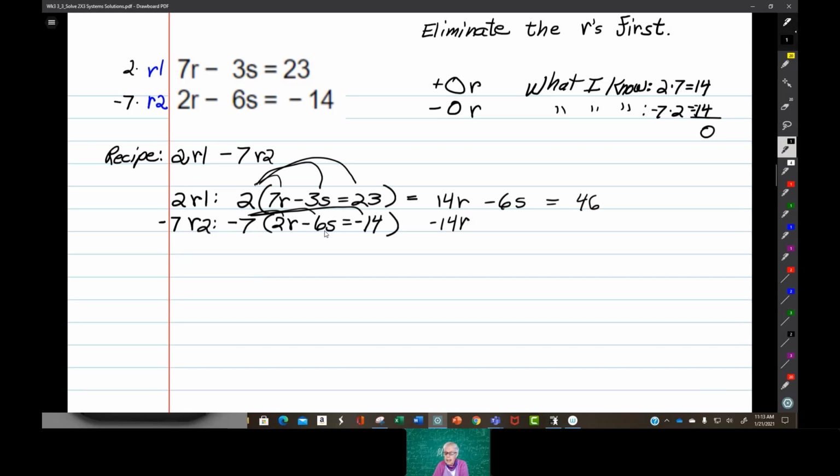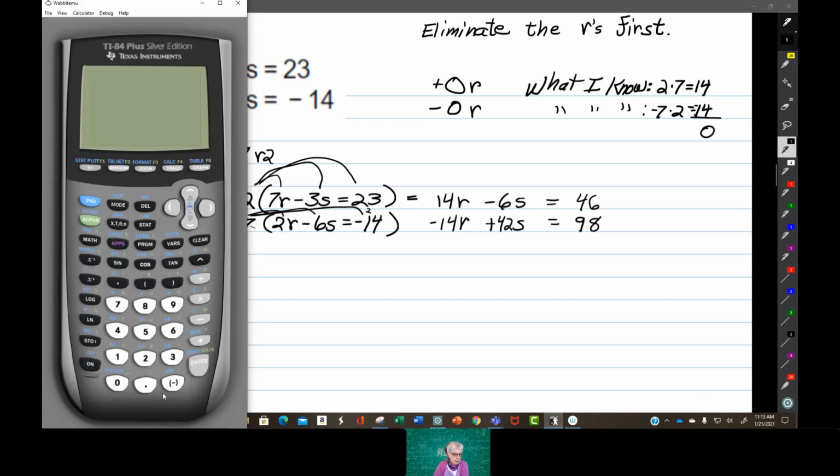Negative 7 times negative 6S is positive 42S. And negative 7 times negative 14, 7 times 4 is 28, 7 times 1 is 7 plus 2 is 9. Let's make sure. Negative 7 times negative 14. Enter. Yeah, all right.